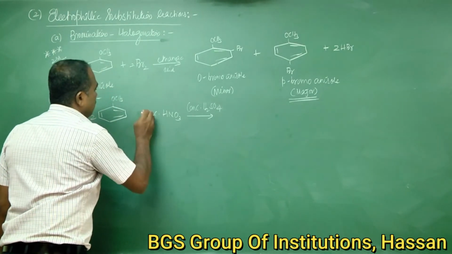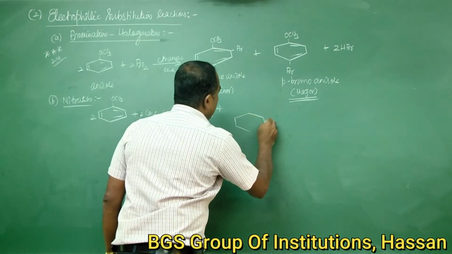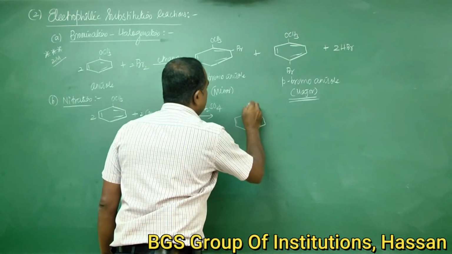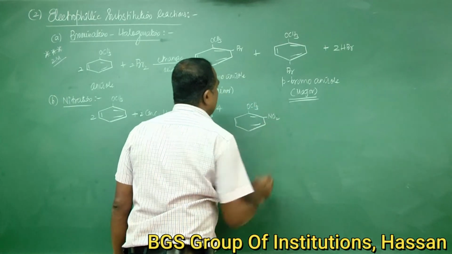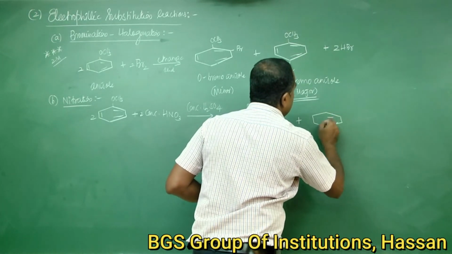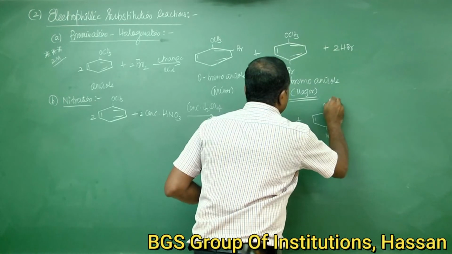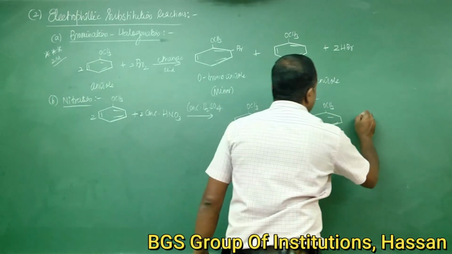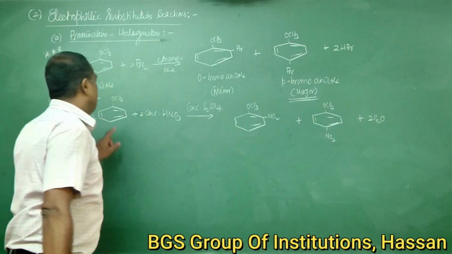That is a benzene ring connected to OCH3 with NO2 at the ortho position, and another one with NO2 at the para position, plus 2 H2O.